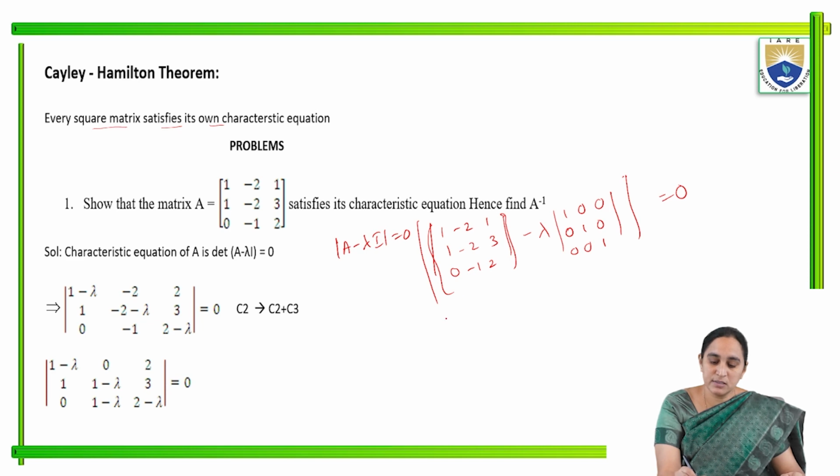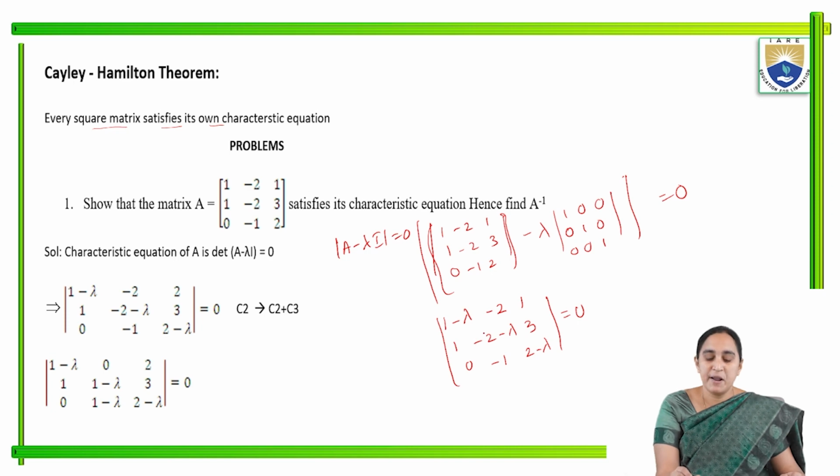After subtracting, we get the matrix [1 minus lambda, -2, 1; 1, -2 minus lambda, 3; 0, -1, 2 minus lambda] equal to 0.